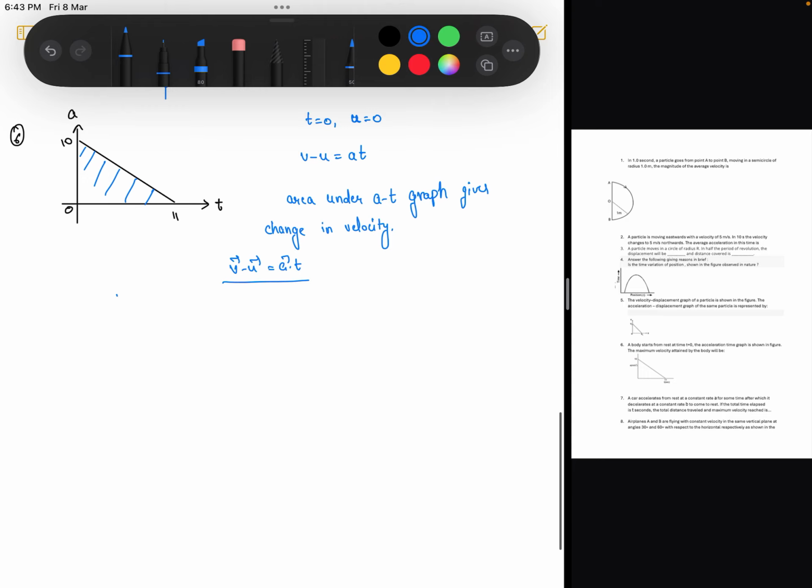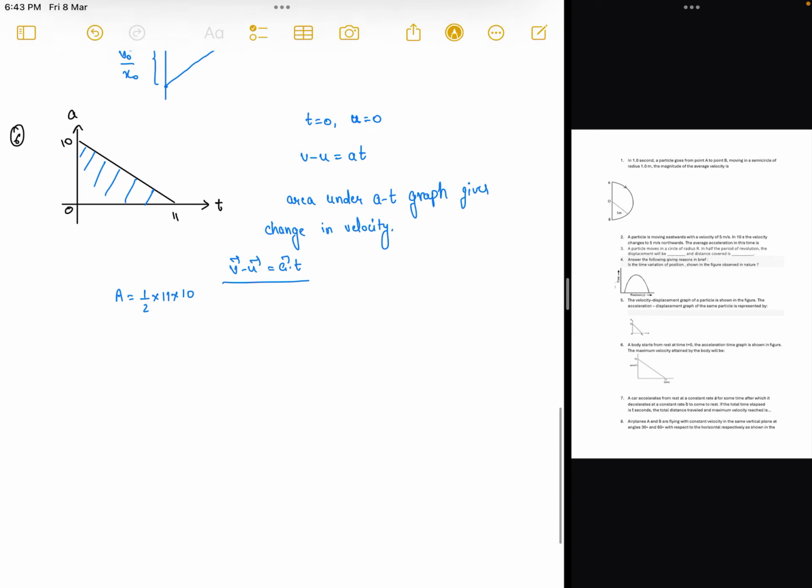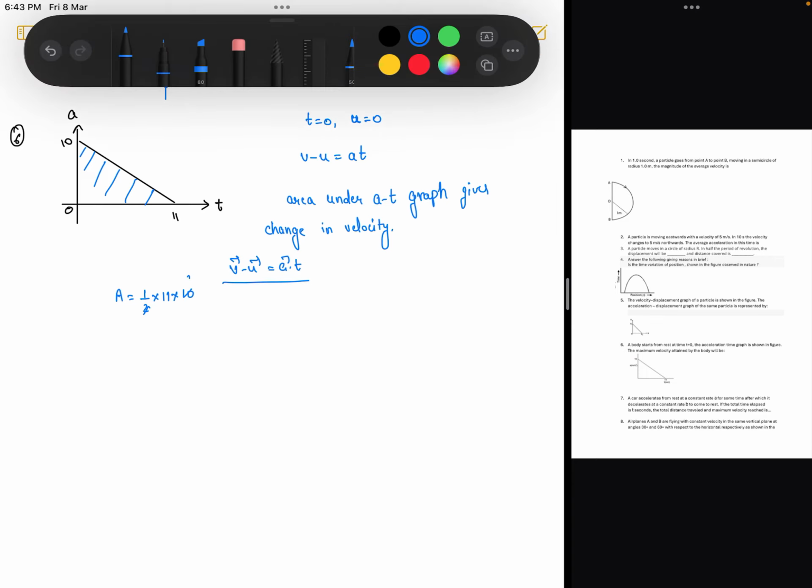So what will be the area under this graph? That will be equal to, area is equal to half into base into height, that is equal to 10 from this triangle, 5. So area will be equal to 55. Okay, now we will use this equation, v minus u is equal to area under the AT graph.